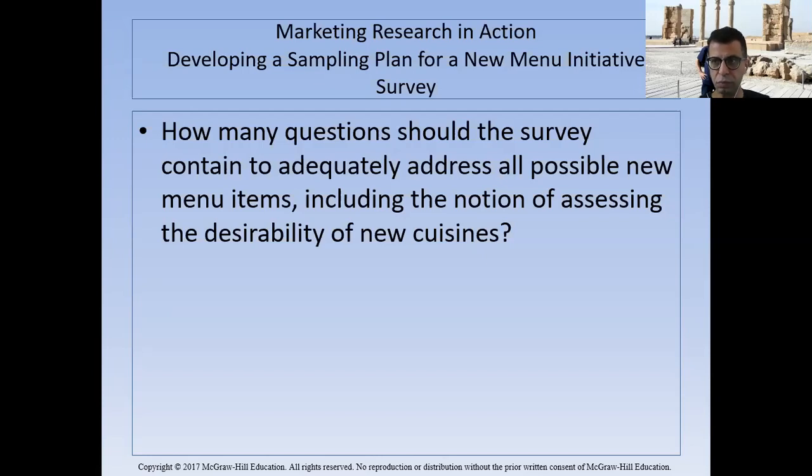Sometimes the questions you ask could be very incomplete and do not give you the full picture of whether these people are looking to have a new menu, and what kind of food they want in it. So asking the question, did you like the food or not, is not enough.